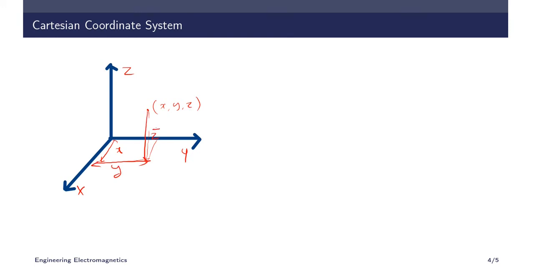So I am moving along x-axis, that is why x ax cap, along y-axis, so y ay cap, along z I am moving z amount, so z az cap. So this is any vector in Cartesian coordinate system. So the coordinates are x, y, z, and unit vectors are ax cap, ay cap, and az cap. Simple. We have studied this one so far, and we have used this as an example in all the cases. Cartesian coordinate system or rectangular coordinate system.